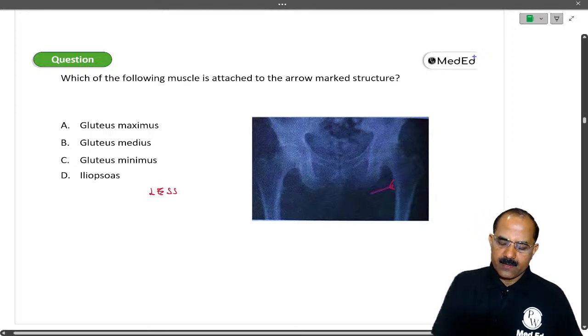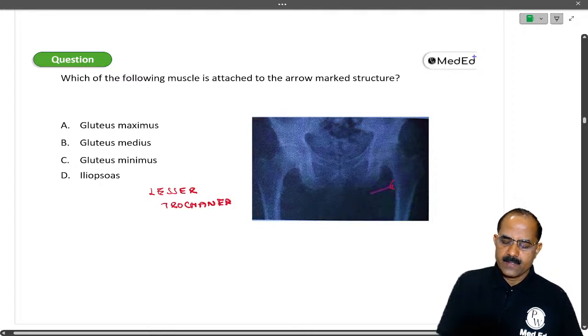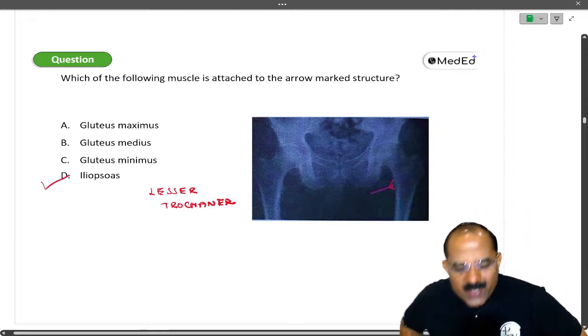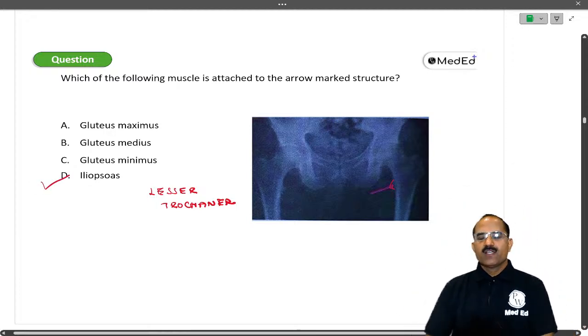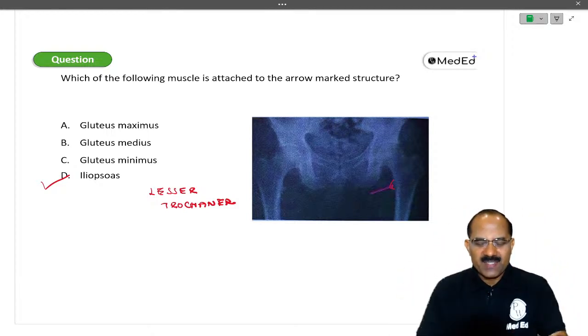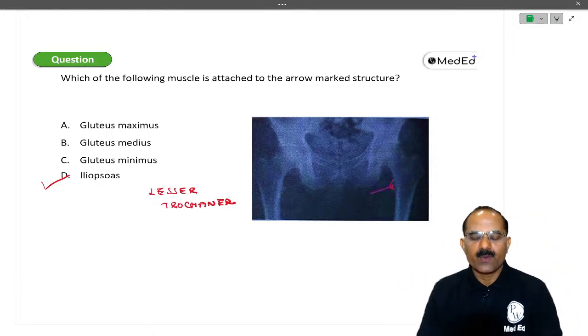The answer is iliopsoas. Very good, children. What is attached to the lesser trochanter is the iliopsoas.